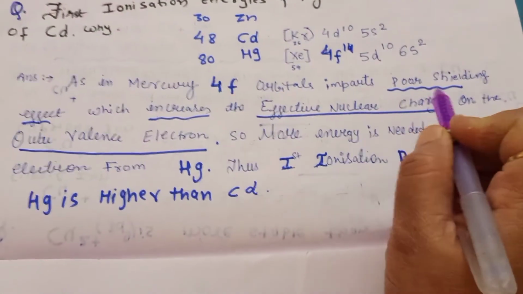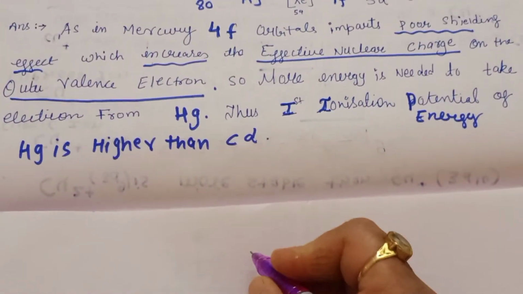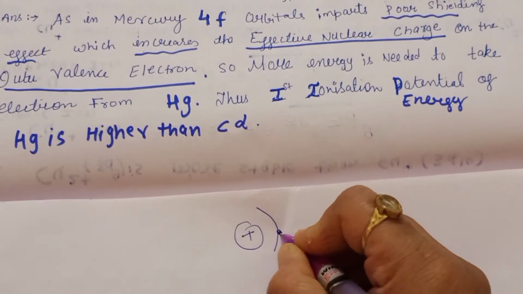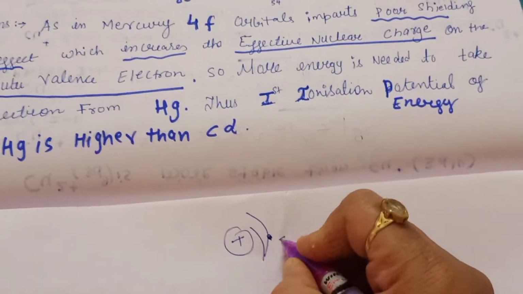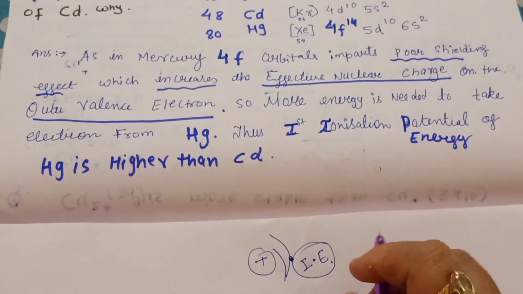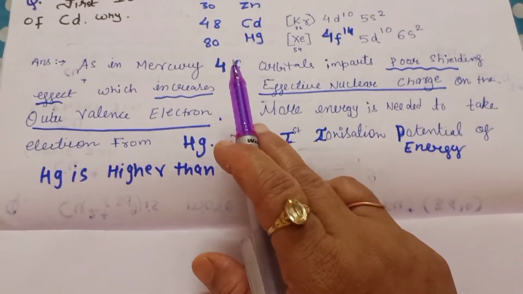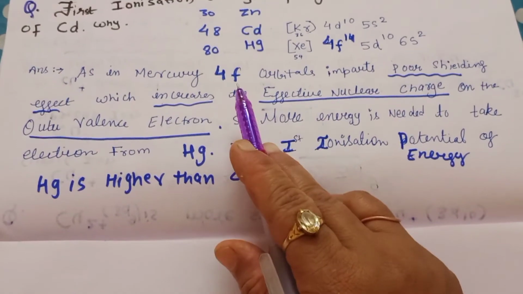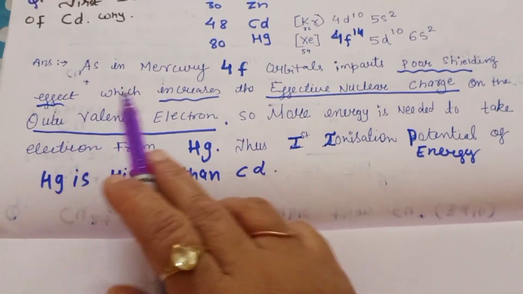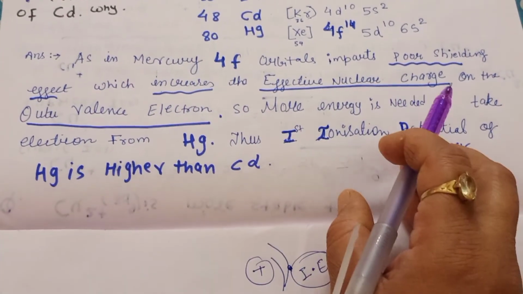So what is ionization energy? If we want to remove one electron from the outermost shell, that energy is known as ionization energy. But in the case of mercury, the 4f orbitals are involved here, so they cause a poor shielding effect, and this increases the effective nuclear charge.